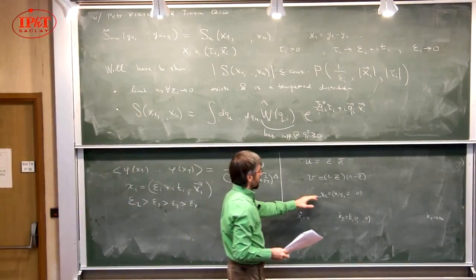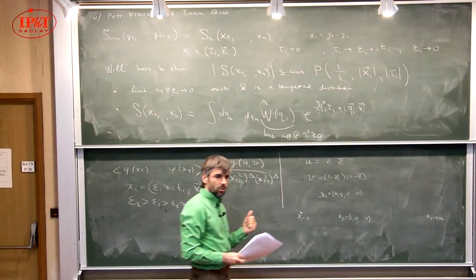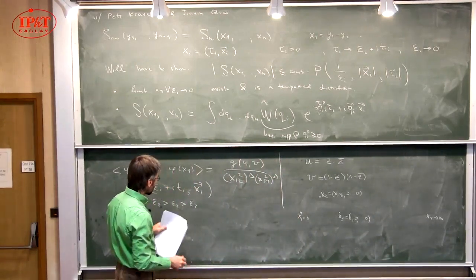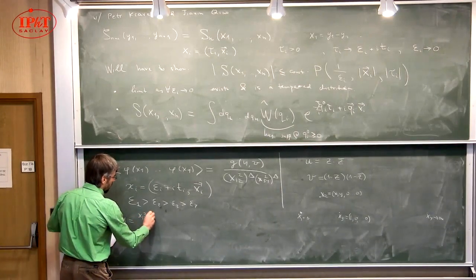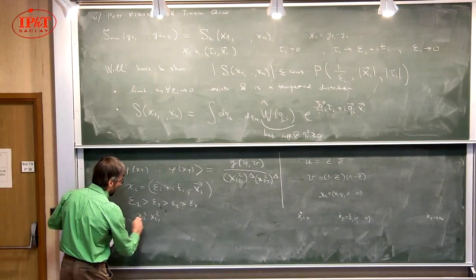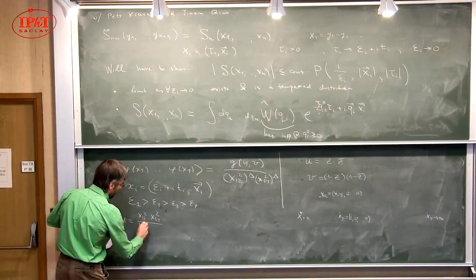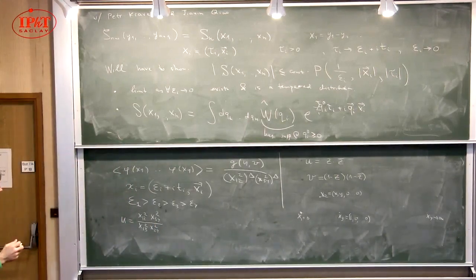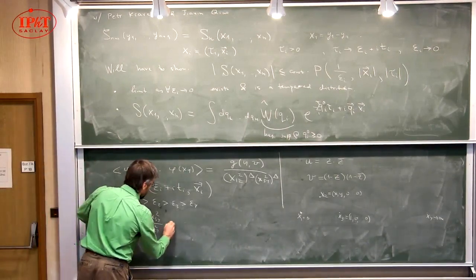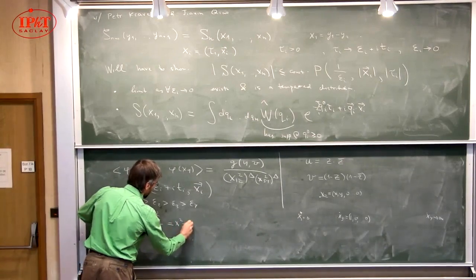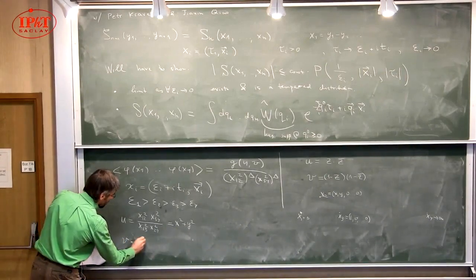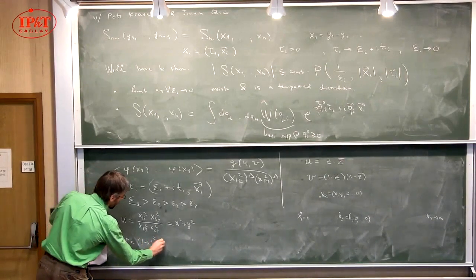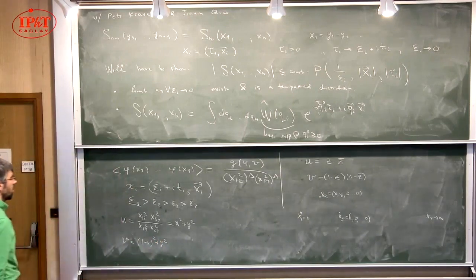So why did I do this? Because now in this configuration, I can easily compute the values of u and v. As you remember, u is given by x12 squared x34 squared, divided by x13 squared x24 squared. If I evaluate u in this configuration, it becomes x squared plus y squared. And analogously, v becomes (1 minus x) squared plus y squared, as you can check.